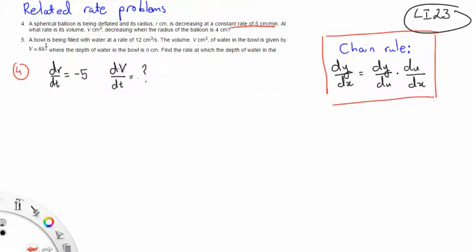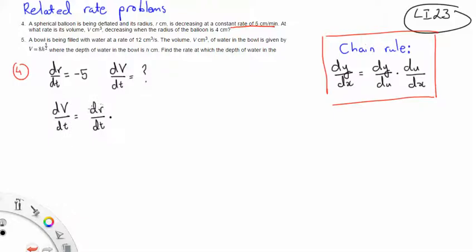Well, let's see. We've got dV/dt, and looking at the chain rule, well, this is going to have to be on the other side. So we've got dr/dt. What do we have to multiply by to turn dr/dt into dV/dt?